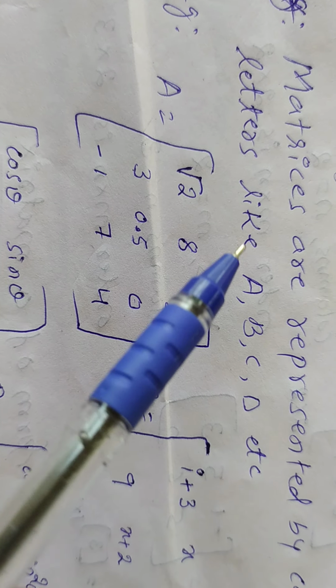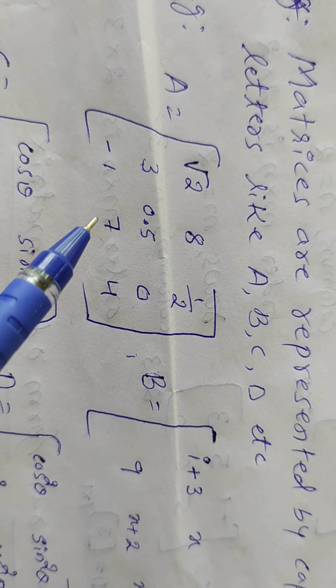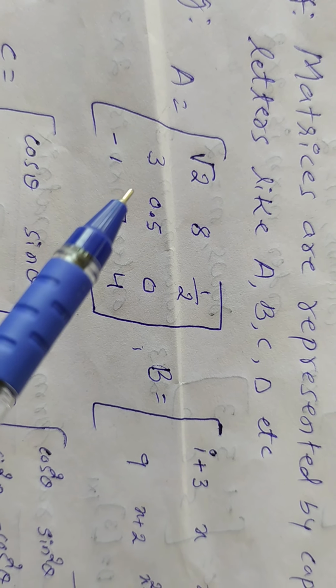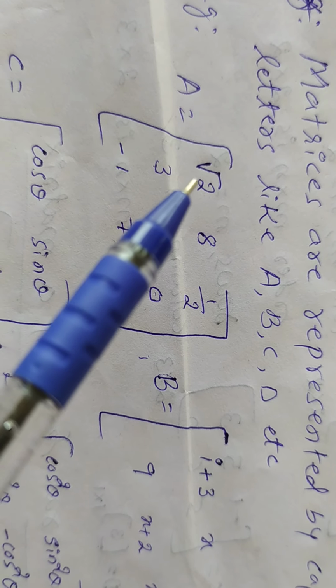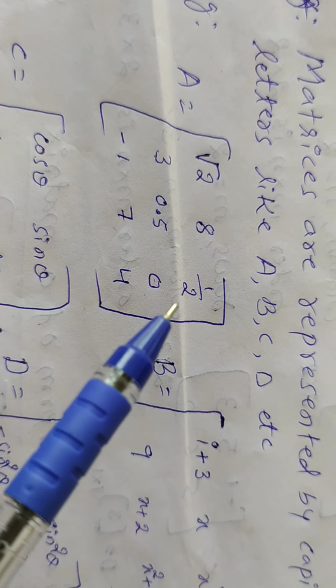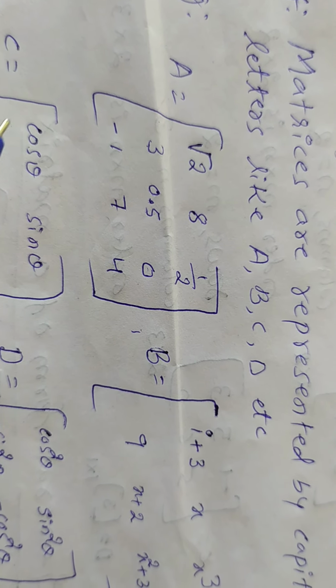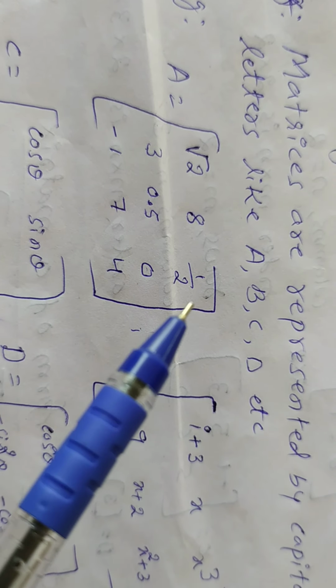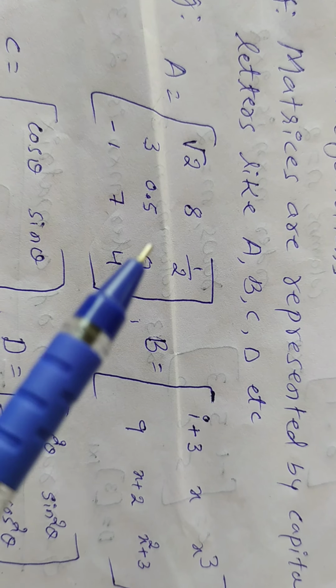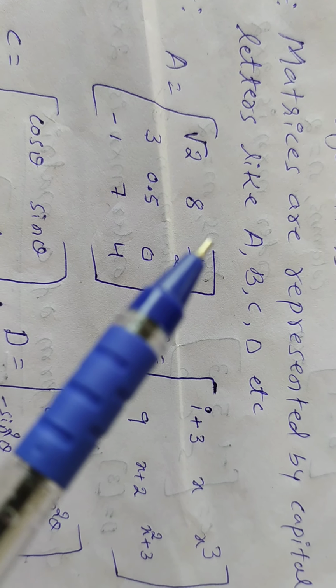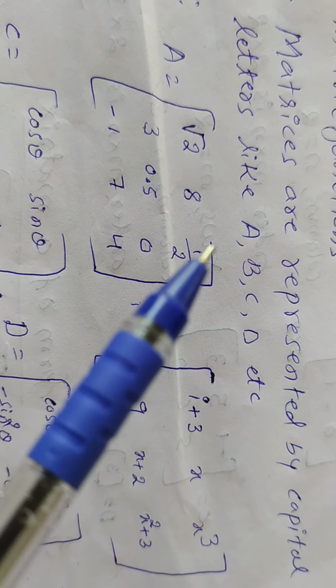Such an arrangement of numbers is called a matrix. A matrix is the arrangement of numbers in a rectangular form, in horizontal rows and vertical columns, and these numbers are enclosed by brackets.